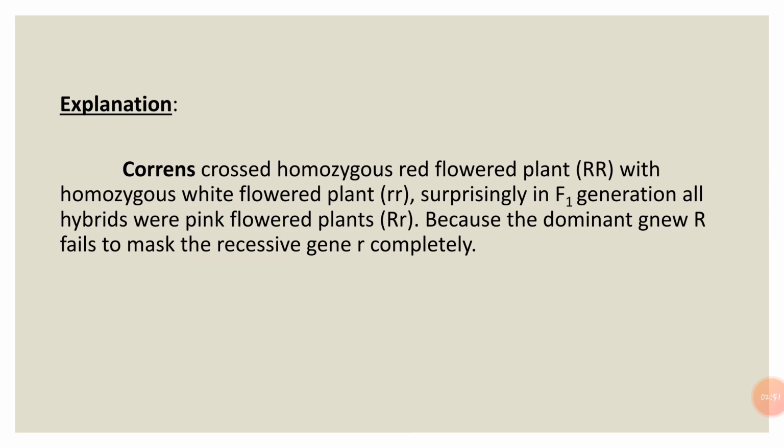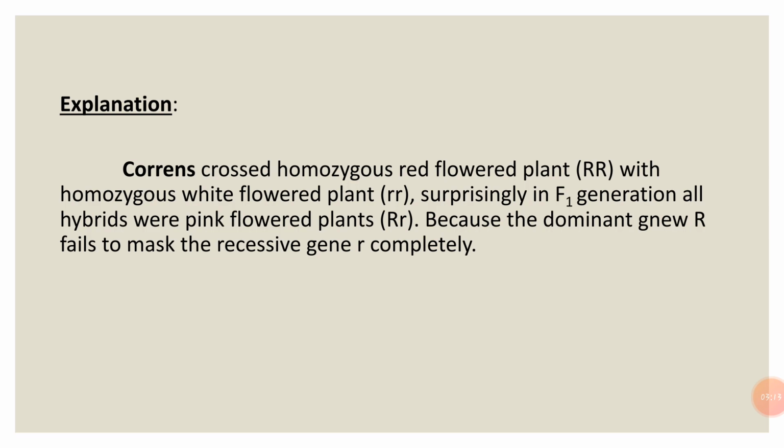But Correns did the same experiment with a different plant, the snapdragon, also called dog flower, taking one trait, the flower color. One parent is a homozygous red flowered plant and the other is a homozygous white flowered plant.